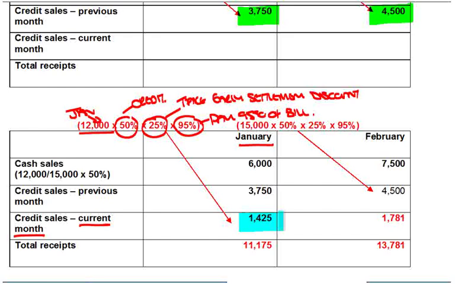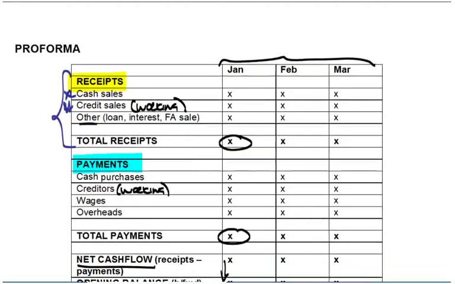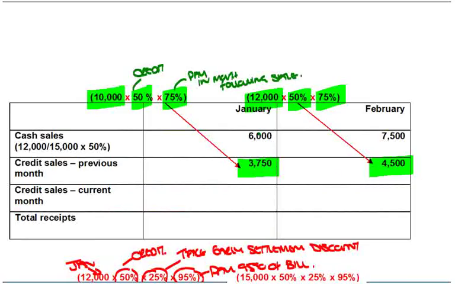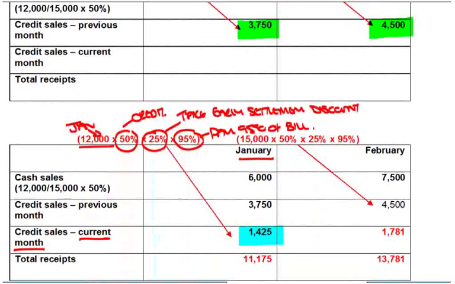Same thing then for February. I need to look at February sales this time, so just going back and having a look at the information in the question. Up here we said £15,000 worth of sales in February, so this time taking 15,000, again 50% take up the credit option, 25% of those go for an early settlement discount, and they pay 95% of their bill.